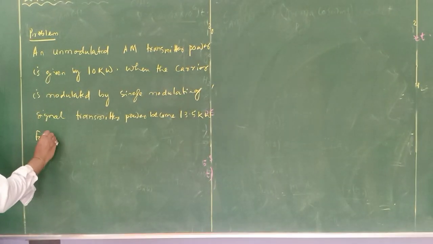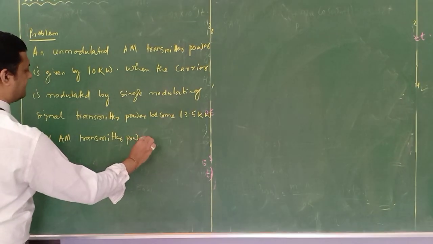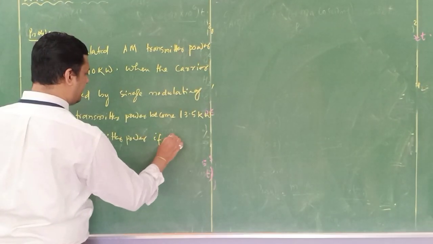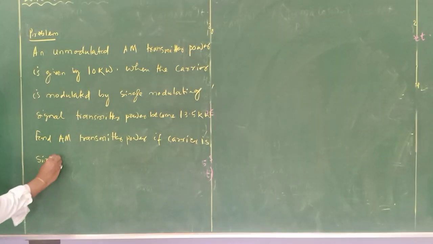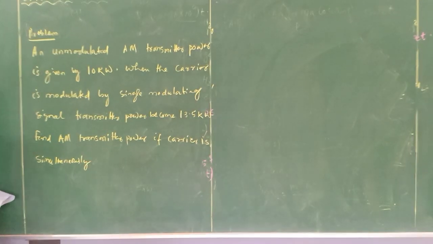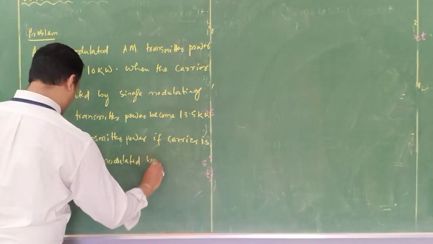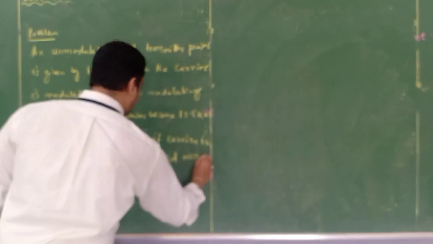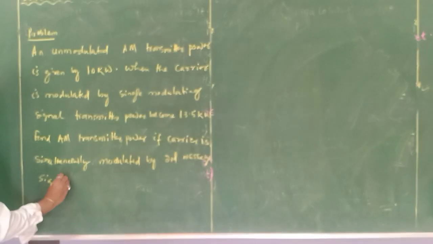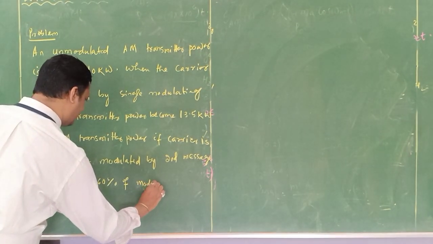Find AM transmitted power if the carrier is simultaneously modulated by a second message signal with 60% of modulation.